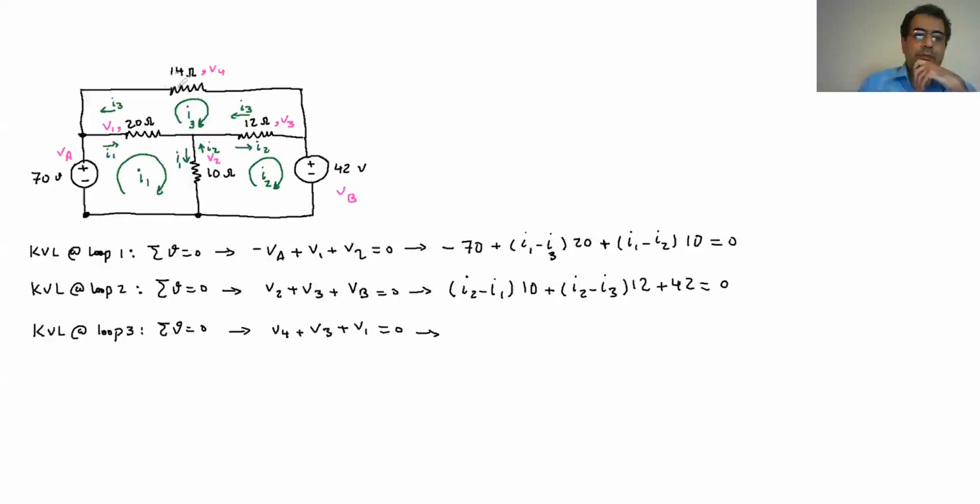So V4, I replace them again with the Ohm law for the V4. The only current that goes through the V4, or this top resistance, is the I3. And so it's going to be I3 times 14, plus, here I have the V3, and for the V3, again, look at that.